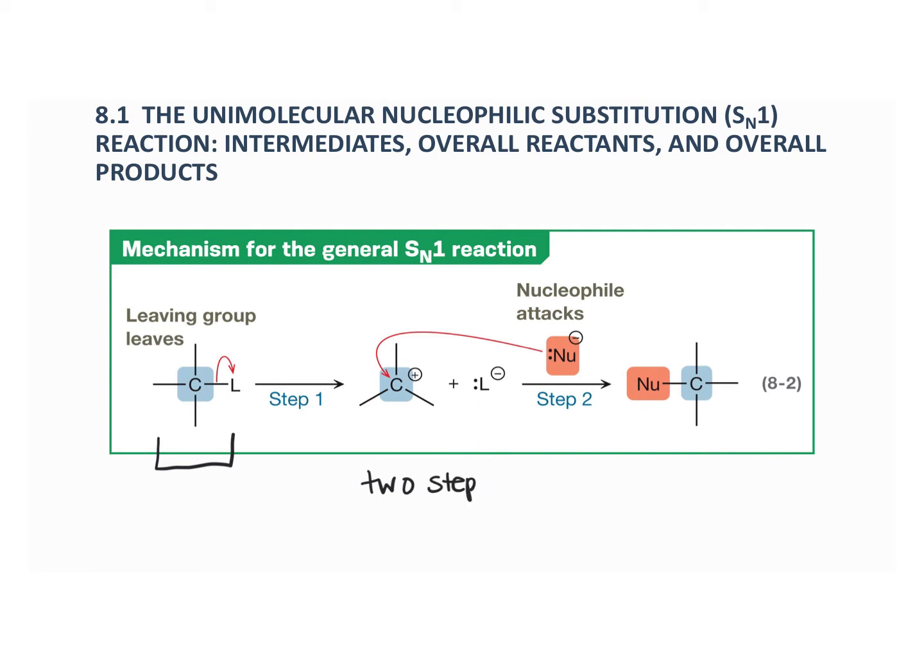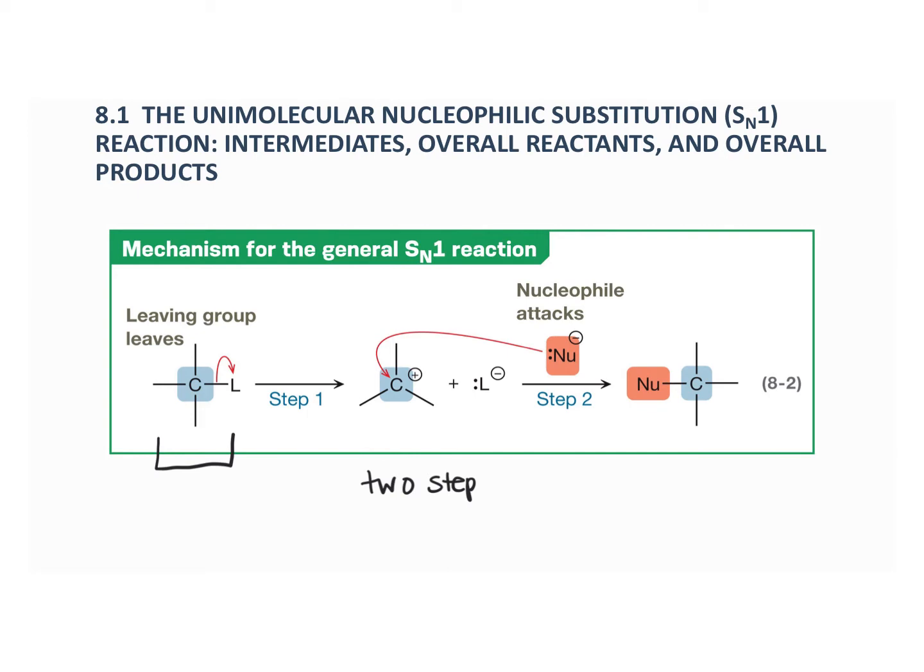What we see here is that the leaving group just leaves. That's the first step. Then in the second step, the nucleophile comes in and attacks that carbocation. That forms this bond here. We'll talk more about the kinetics of this step later.